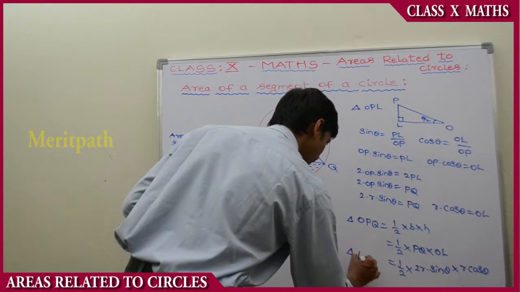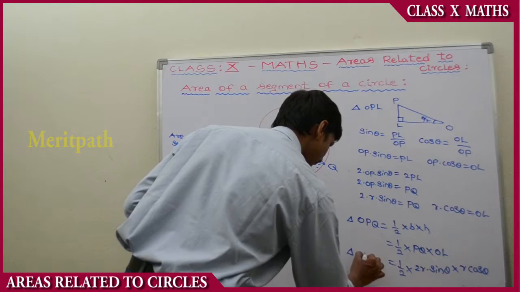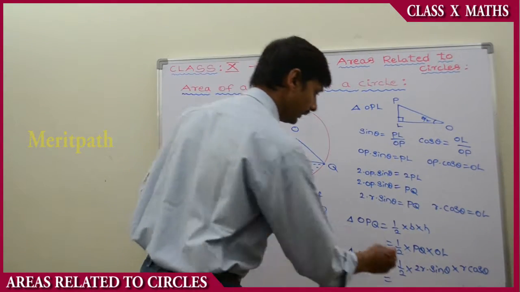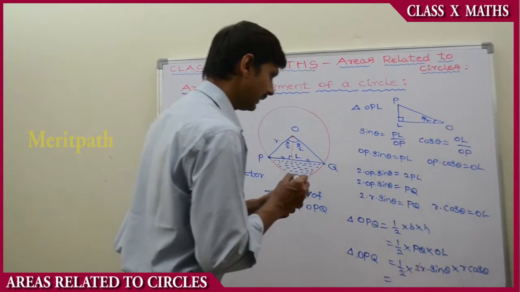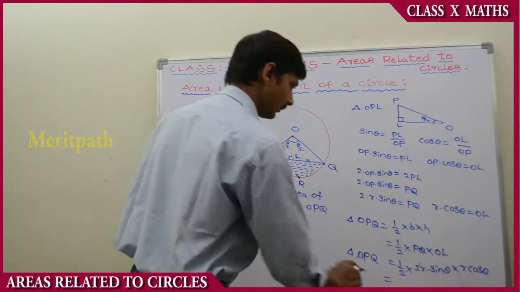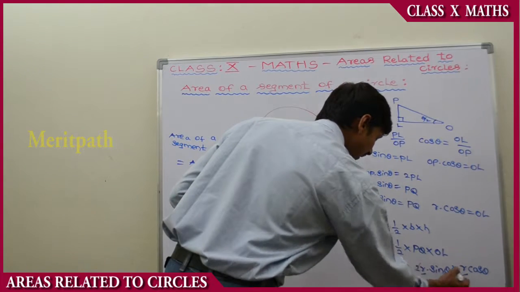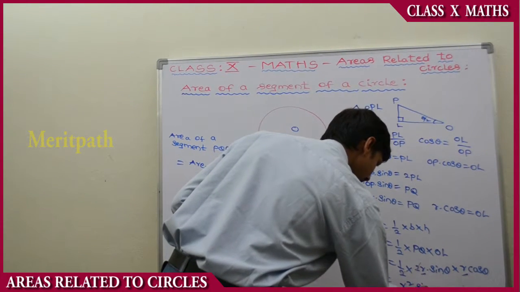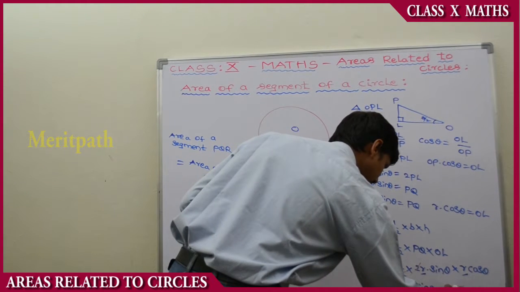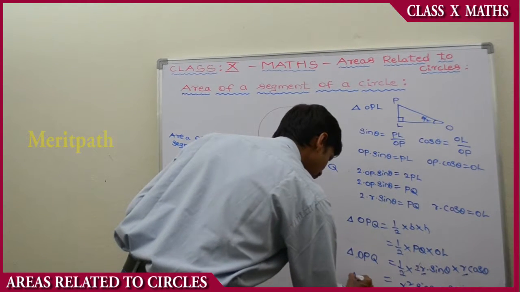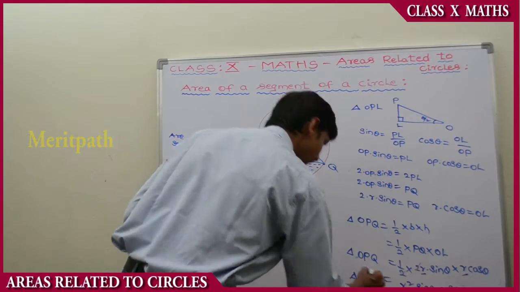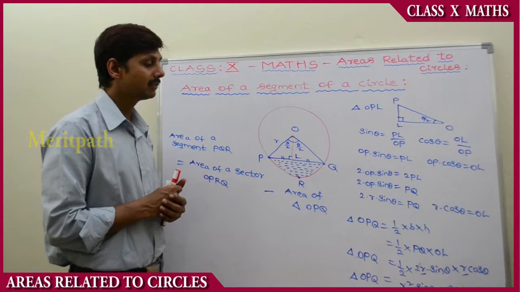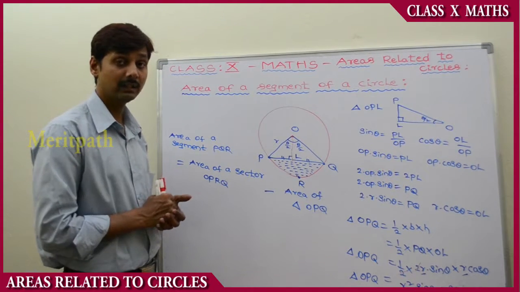This is triangle OPQ. After cancellation of 2 here, since R is present here and R is present here, we get R square into sin theta into cos theta. This is the area of triangle OPQ, that is R square sin theta cos theta.